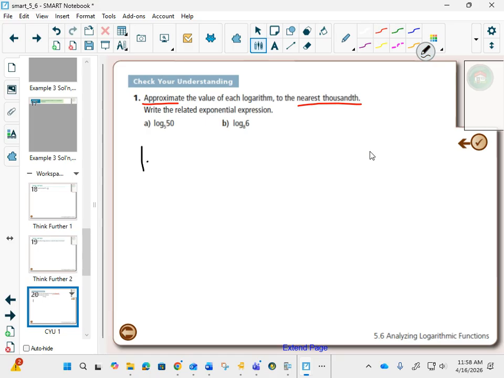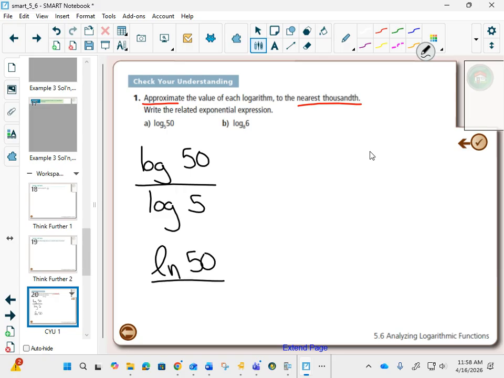So what we need to do is use our change of base theorem and say log base 5 of 50 I can write as log 50 over log 5. And for me personally, this I can type in quicker even though I have the base of 5 in my calculator. I still find typing this in quicker. Or I could do the natural log of 50 divided by the natural log of 5.